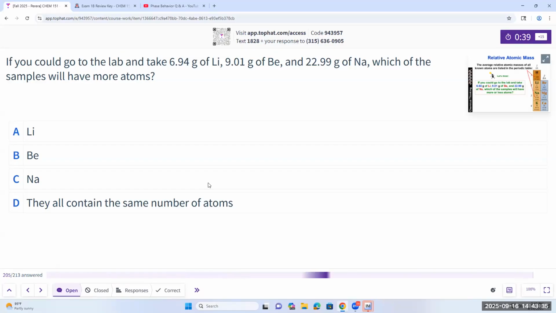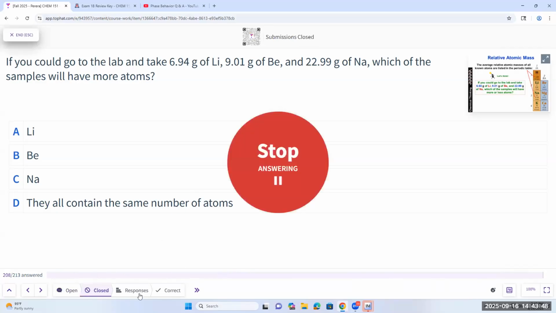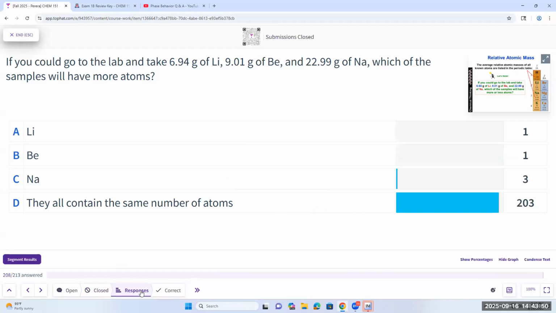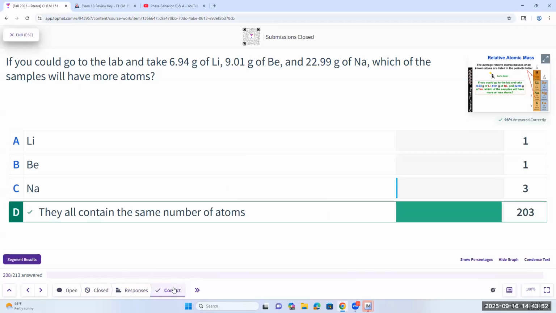So we have more than 90% responses. Therefore, I'm going to close this question in 5, 4, 3, 2, and 1. Like we have 1 grape and 1 orange, right? You just compare them.